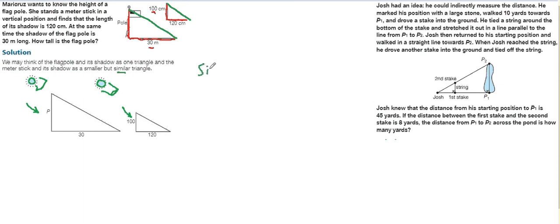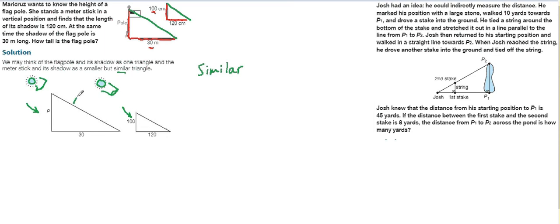Remember, similar triangles means measures might not be the same, but the proportions are there, because it's basically the same triangle, but either zoomed in or zoomed out, either stretched out to be bigger or shrunk down to be smaller.